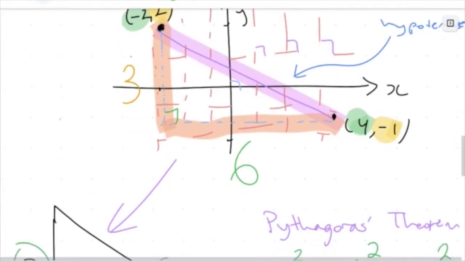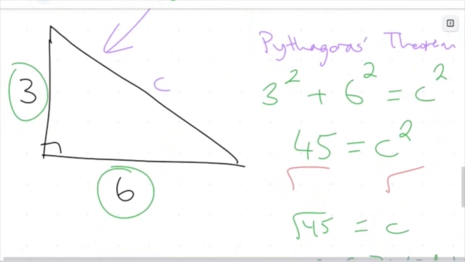Once we have those there, we have a right angle triangle, and we can apply Pythagoras' theorem to find the length of the hypotenuse. Now, with these line segments in coordinate geometry, in linear relationships, we will always be finding this C. We'll always be finding our hypotenuse. But that is how we can apply these methods to finding both the midpoint and the length of a segment.